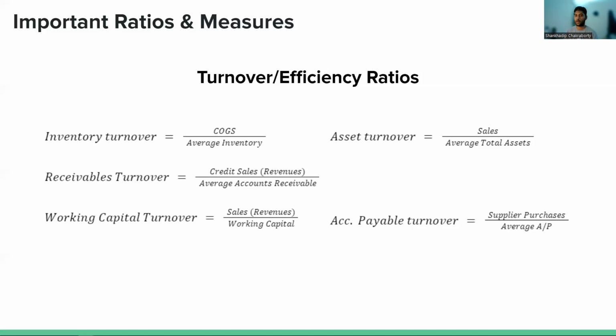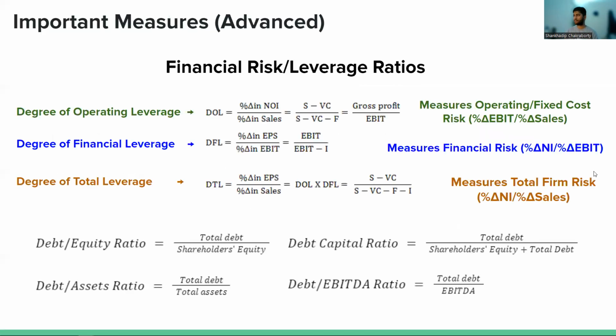The more purchases you have, the higher you can expect your accounts payable to be, because you're not always going to pay your suppliers off quickly. The more you purchase from your suppliers, the more money you'll have tied up in accounts payable, and you'll say, can I pay a few weeks or a few months from it? That just makes sense, right? These are your turnover ratios.